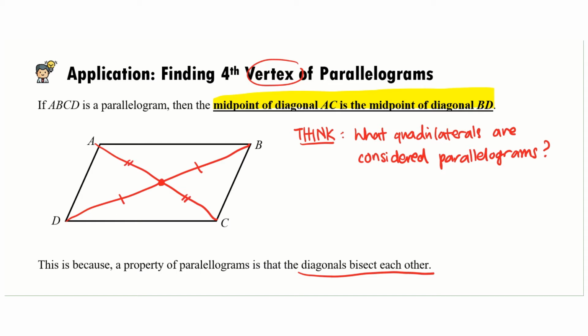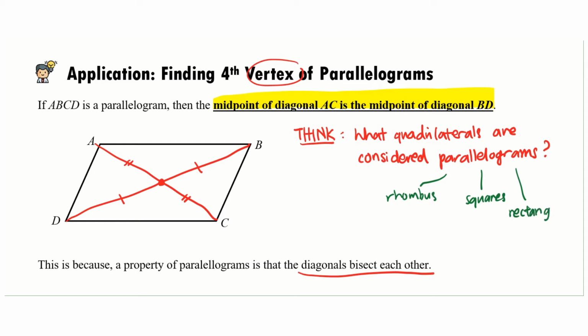One important thing is what quadrilaterals are actually considered parallelograms. Parallelograms are not restricted to this manner. There are many things that are considered parallelograms, and that would include things like rhombus, squares, as well as rectangles.